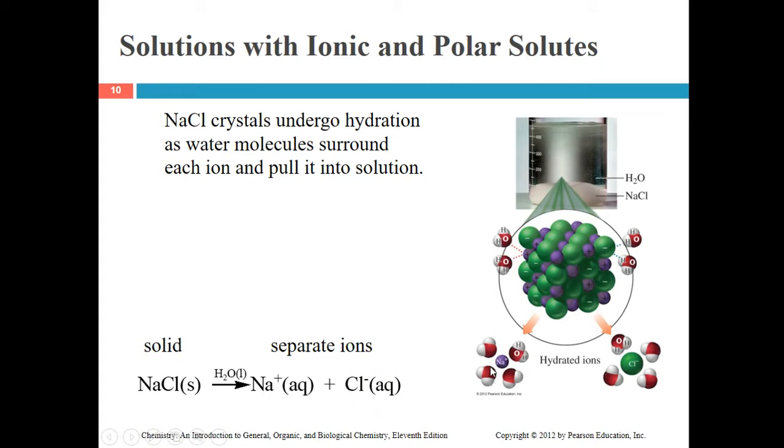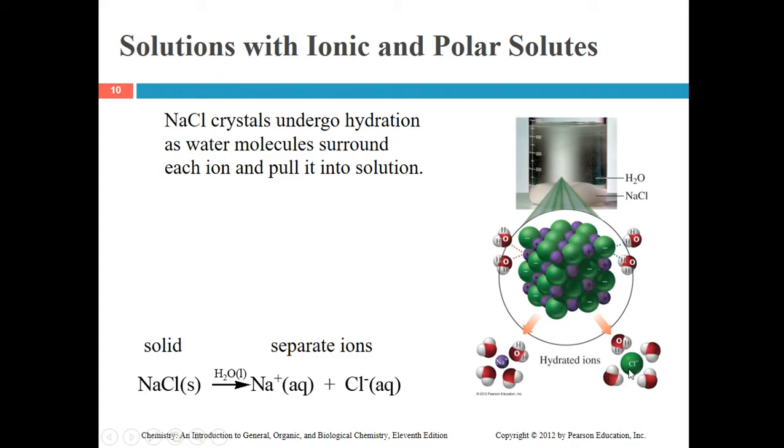Well, water can easily and readily be attracted to both of those ions. Why? Because water has this very partially negative charged oxygen that can be attracted to the sodium positive, and so it can be surrounded with all of these water molecules with their partial negative charges, which can help to attract this positive sodium.